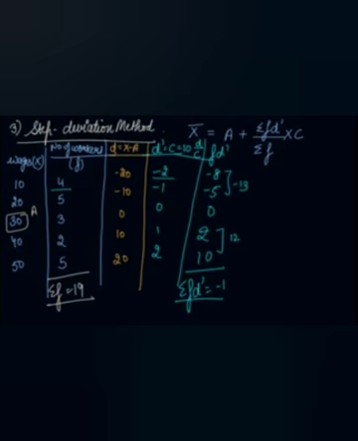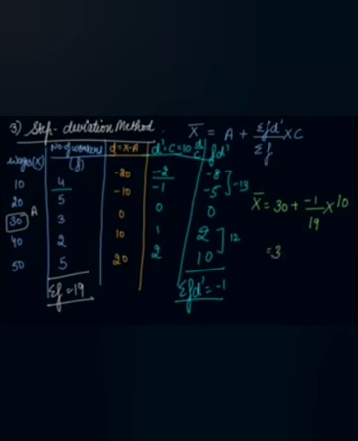So by putting all the values in the formula, x bar: your assumed mean is 30 that you have taken, summation FD dash is -1, frequency is 19, into the common factor, which is 10.